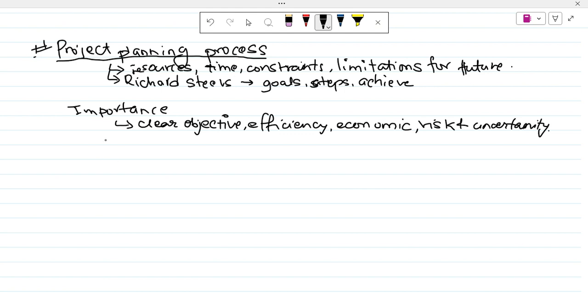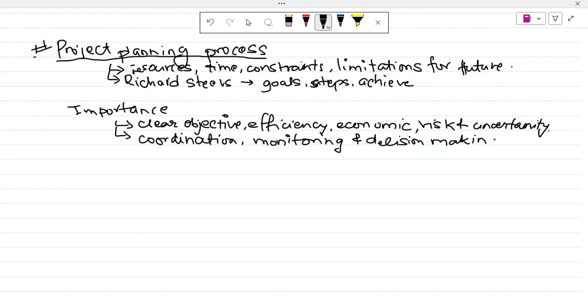Coordination, monitoring, and decision making will be easier. So what are the actual steps involved in the process?